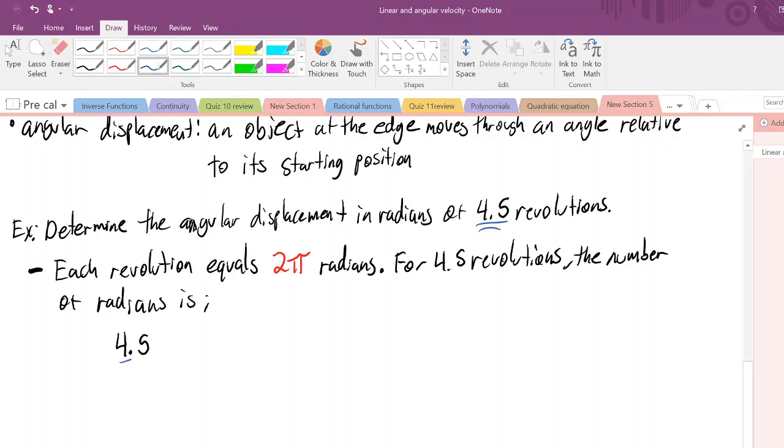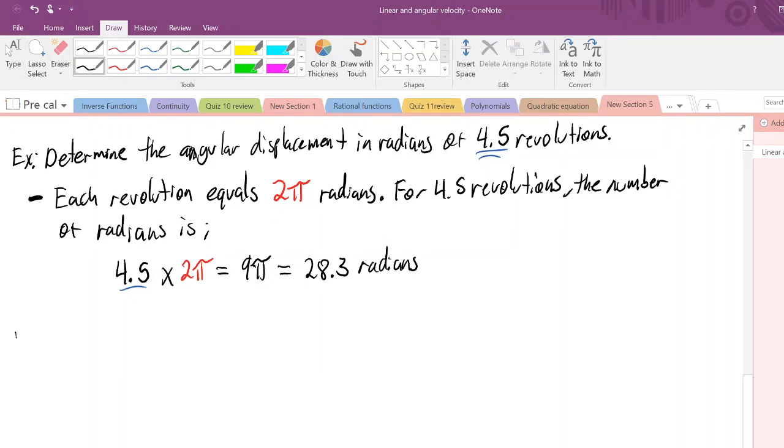So it's going to be 4.5 times 2 pi. All right, so you're going to put this in your calculator, or you can do it online. So all you have to do is 4.5 times 2 pi is equal to 9 pi, right? But in this case, I don't need it in terms of pi. All right, I'm going to need a number. So if you put that in the calculator, which equals to about 28.3 radians. Okay, so here's the difference. In this one, I don't need it in terms of pi. I need a full number.